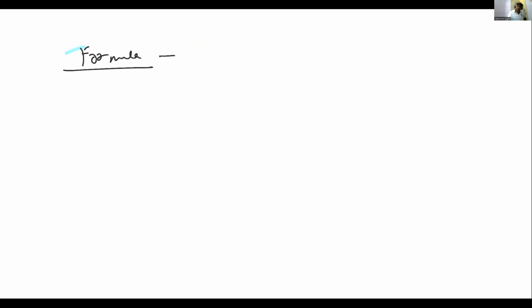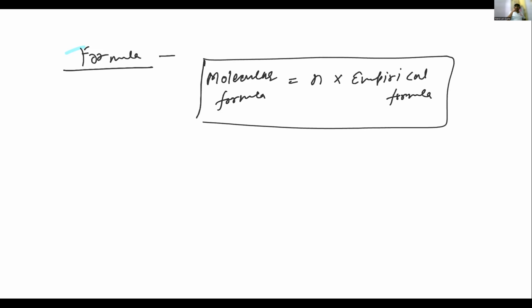If I write the molecular formula here, it is n into empirical formula. Can you understand this formula?